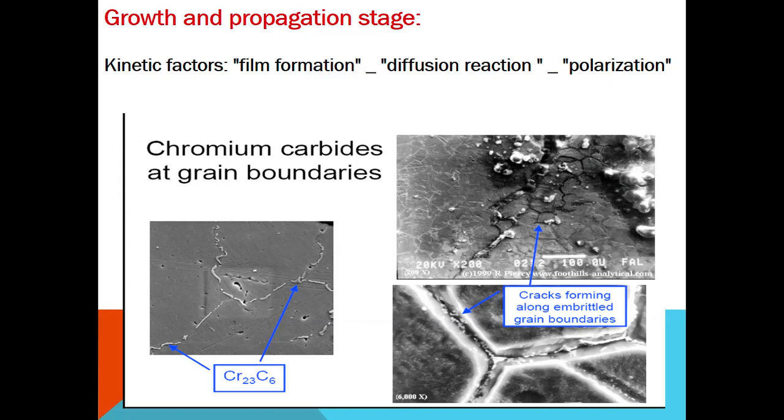More examples: dezincification in a brass alloy, where the linear rate of penetration perpendicular to the surface is very much greater than the lateral penetration through the lattice.